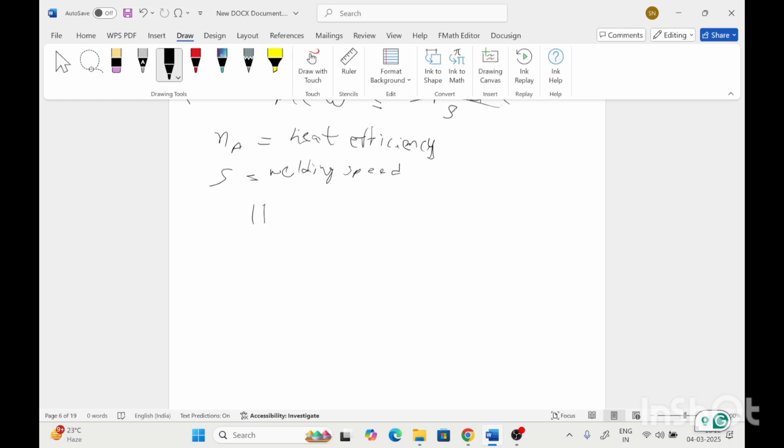If we draw the diagram, this is the positive electrode, this is the workpiece, negative workpiece, and this is the arc.